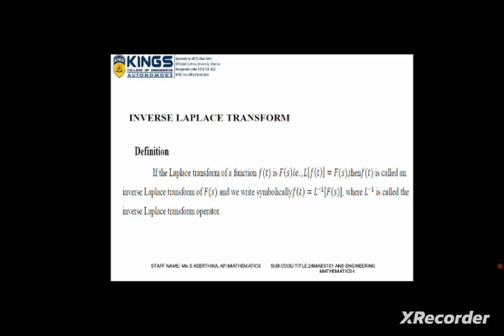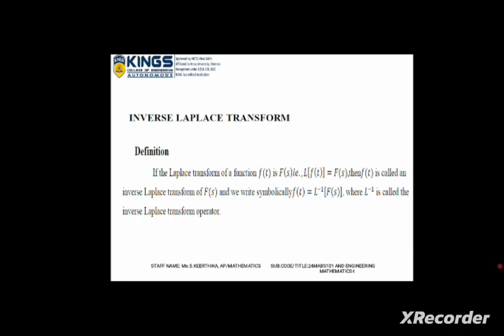Now we are going to see the inverse Laplace transform definition. If the Laplace transform of a function f of t is F of s, that is L of f of t equal to capital F of s, then f of t is called an inverse Laplace transform of capital F of s.